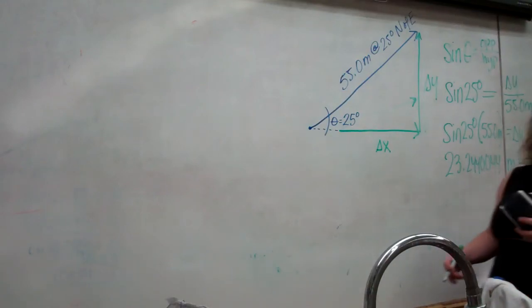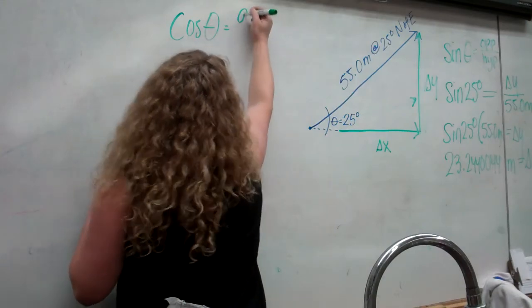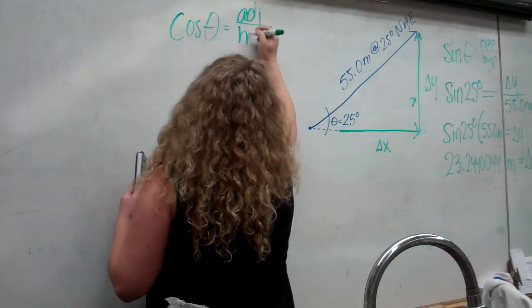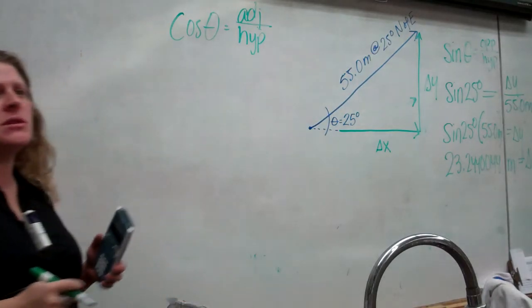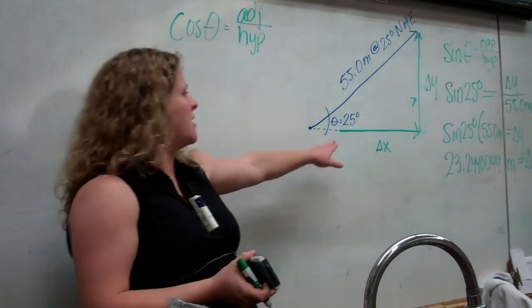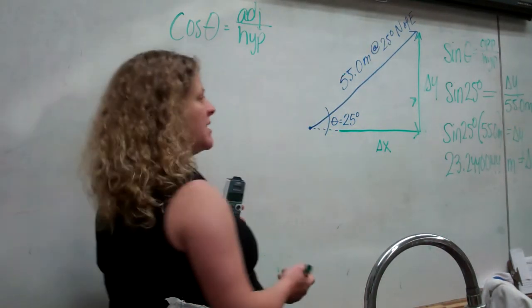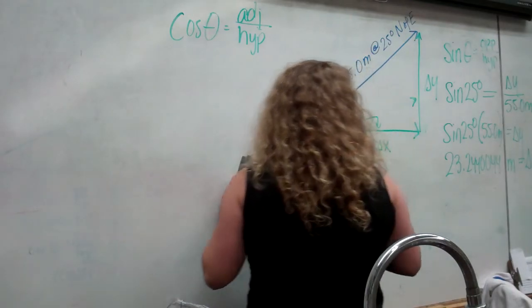Sure. We have cosine. So remember that cosine of any angle theta is equal to adjacent over hypotenuse. What is the adjacent side to this angle theta, Savannah? Yeah, delta x. That's our adjacent side.